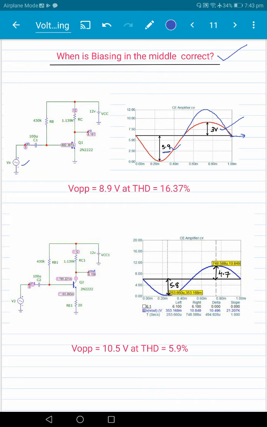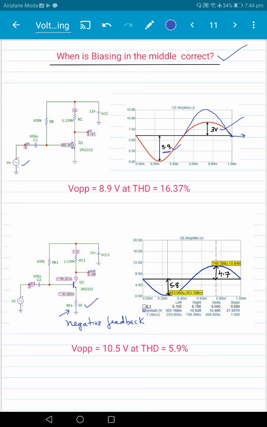So one way to reduce nonlinearity is to add a resistor in the emitter here. When you add a resistor in the emitter, what it does is it creates a negative feedback. And negative feedback is well known to reduce nonlinearity and reduce distortion. There's a separate video where you can see how the presence of RE is able to reduce the distortion level.